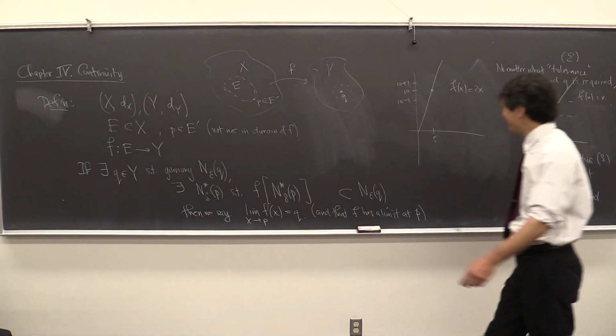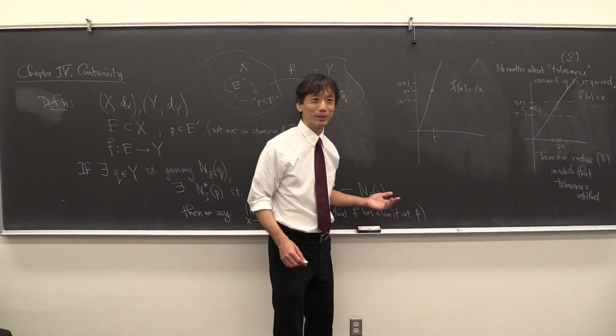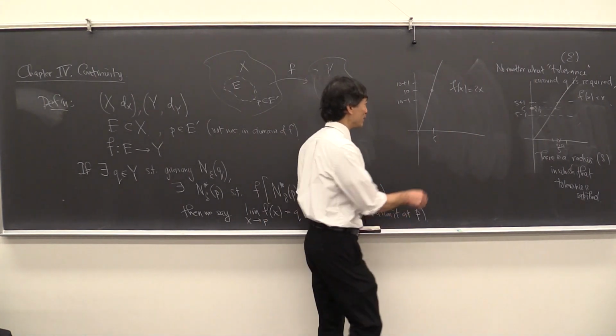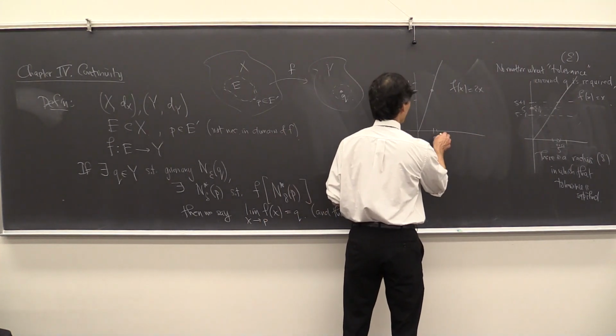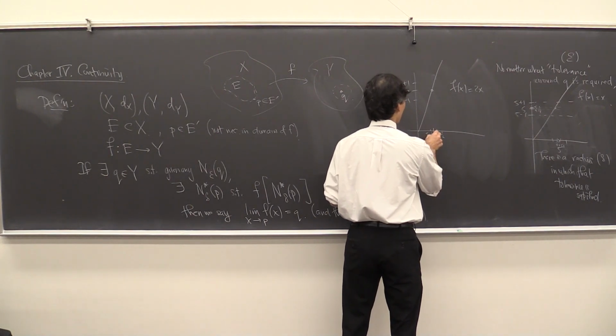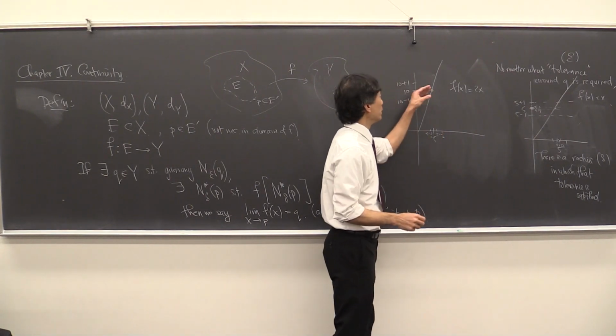Okay. So what's the answer? Anybody? 1/2, right? As long as you stay between 5 plus 1/2 and 5 minus 1/2, your outputs are going to stay within 1.